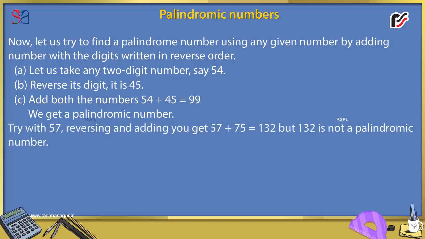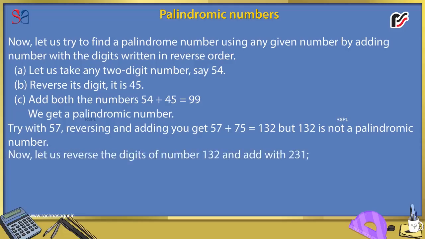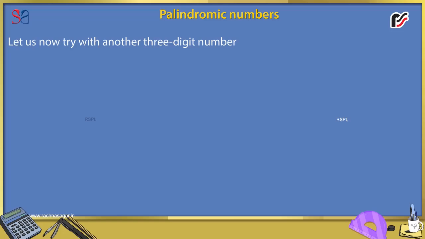Reversing and adding, you get 57 plus 75 is equal to 132. But 132 is not a palindromic number. Now, let us reverse the digits of 132 and add: 231 plus 132 is equal to 363. Is it a palindromic number? Yes, it is.